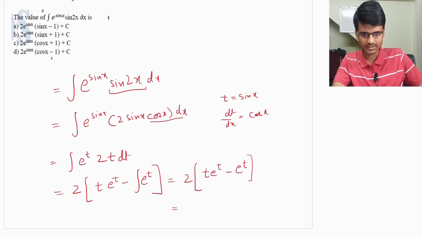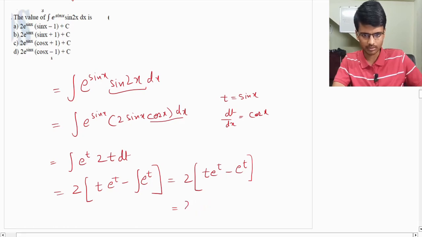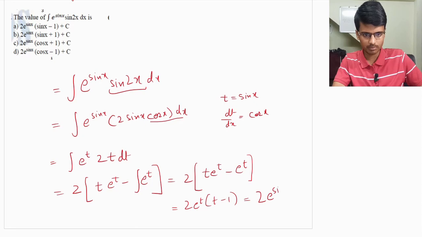I'll just substitute what our t is. t is nothing but sin x. I can take e power t common, 2 e power t times (t minus 1), right? So 2 e power sin x times (sin x minus 1).